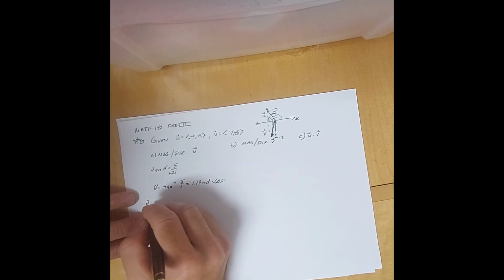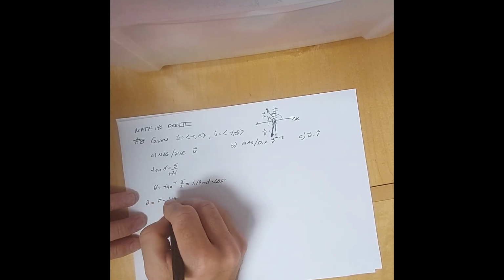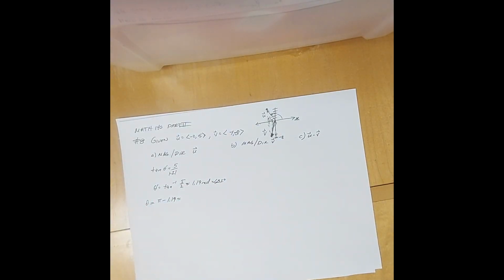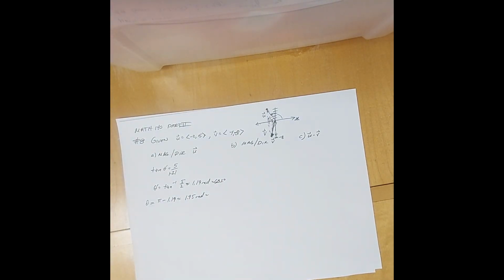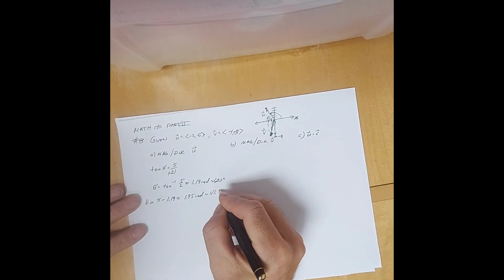So theta is going to equal pi minus that 1.19, which is approximately 1.95 radians, which is also approximately equal to 111.8 degrees.